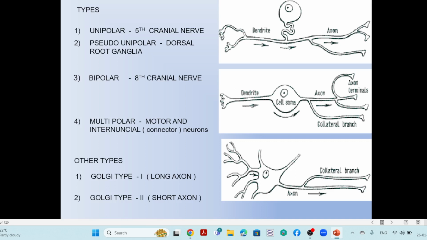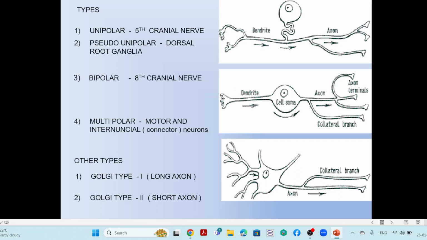The dorsal nerve root of the spinal cord and the spinal nerve have pseudo-unipolar neurons. Then the bipolar neuron is usually in the eighth cranial nerve, and the multipolar neuron is in the motor and internuclear portion, that is, connector neurons, meaning center neurons.